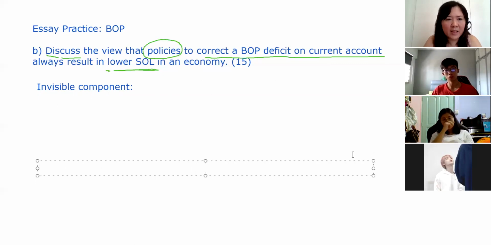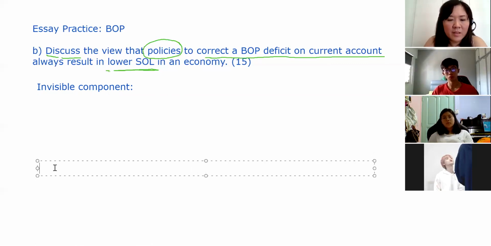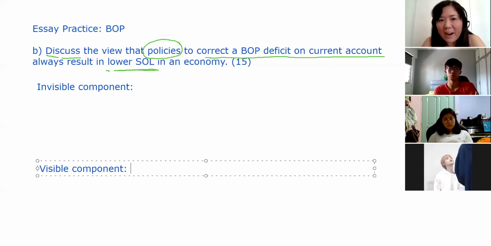Meaning to say, for the visible component, I'm just helping you a bit with the thinking process. You know that for the visible component, you have to answer the question directly. So what's the visible component about?